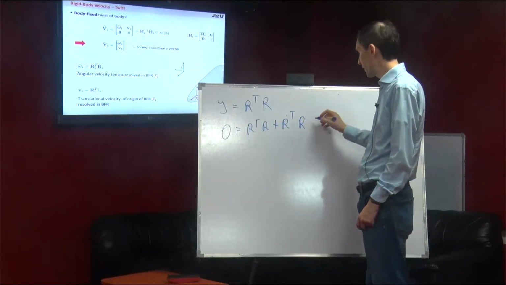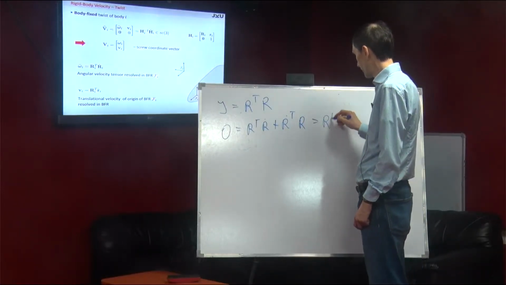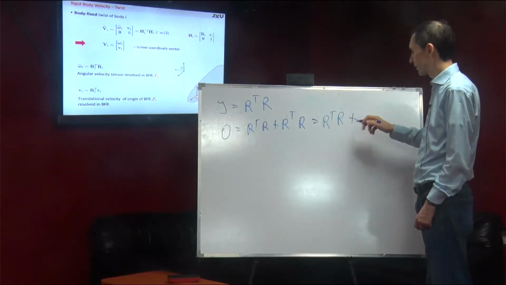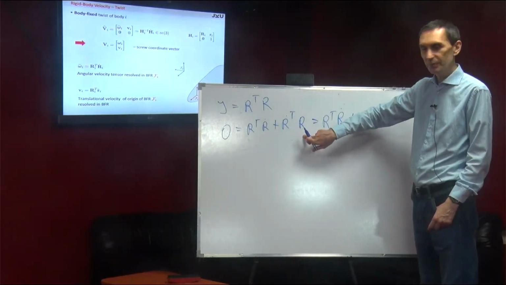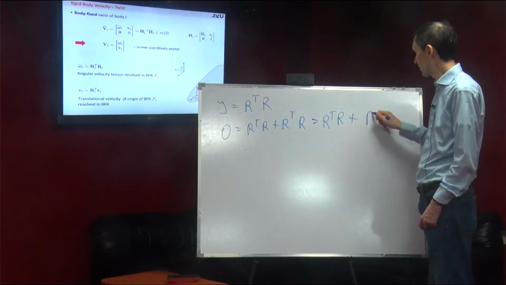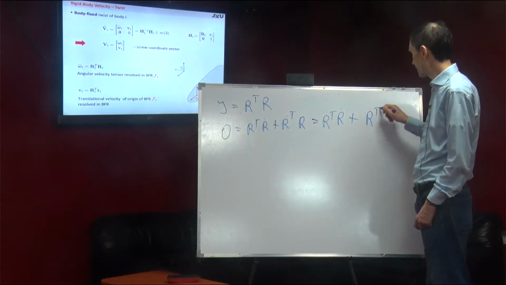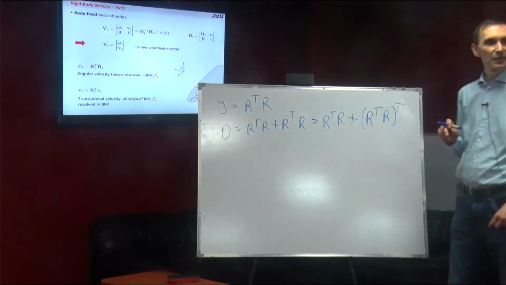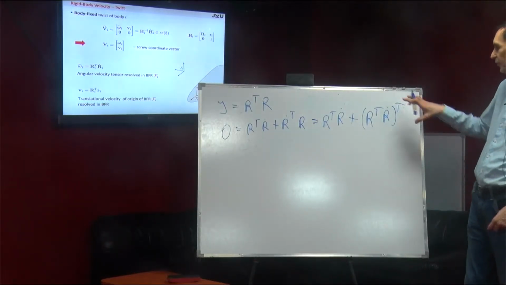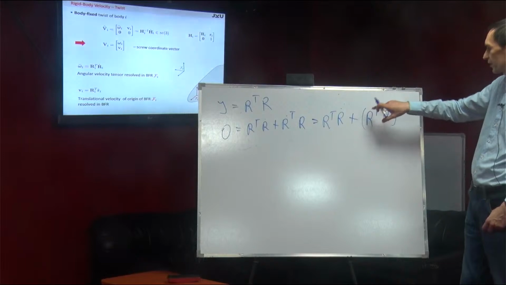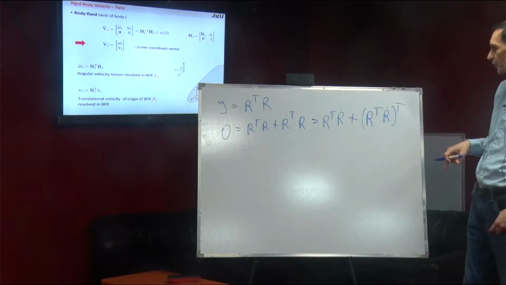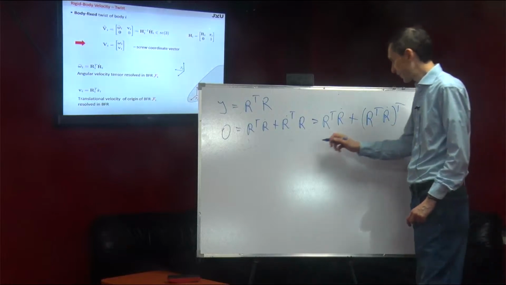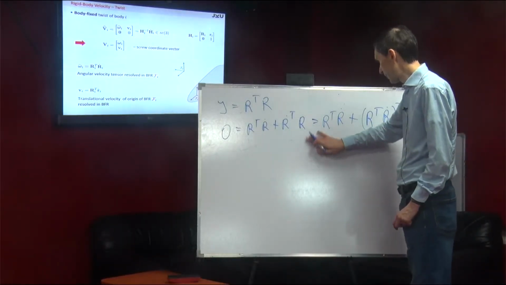And there we go, because it's almost what we wanted to show. This term, for example, is the same as R transposed R dot, transposed, right? Because if you transpose the whole thing, then this goes here and this goes there, and each is transposed. And this is 0, right?